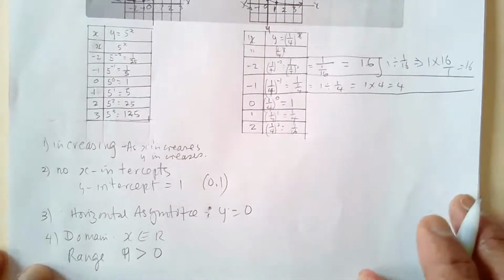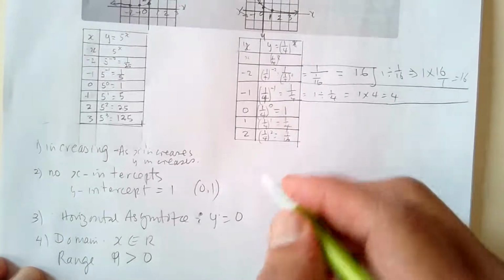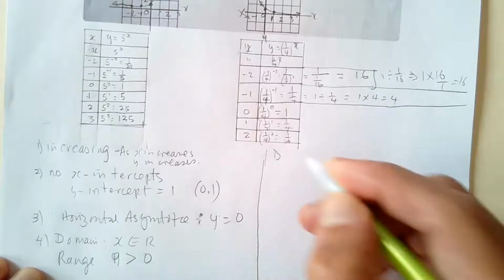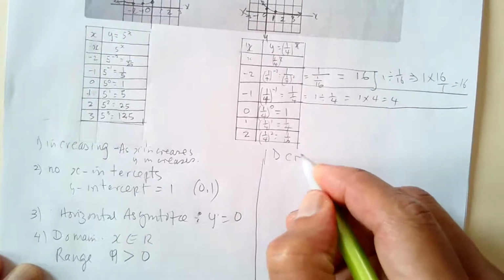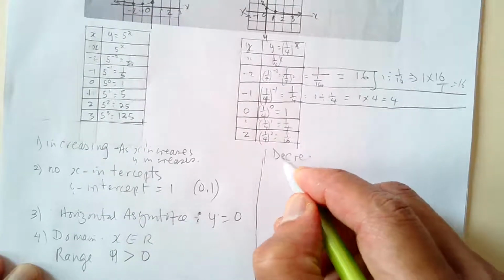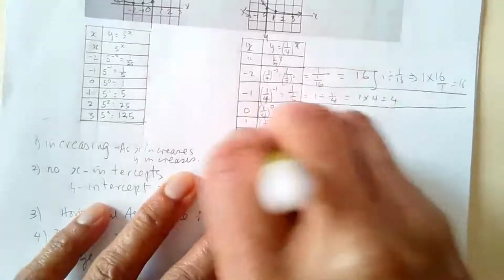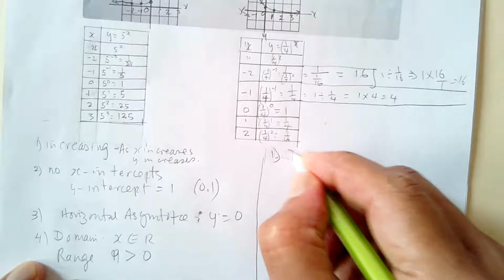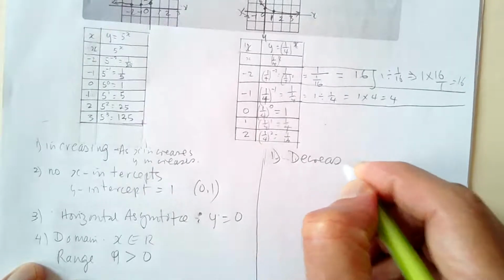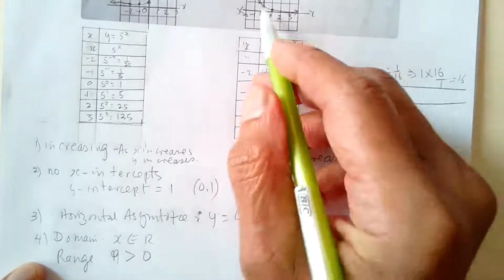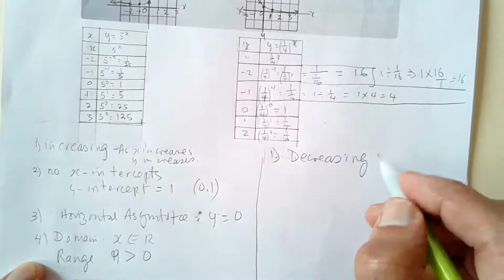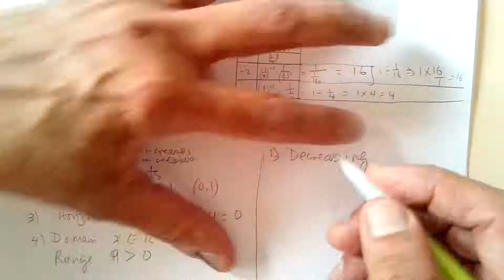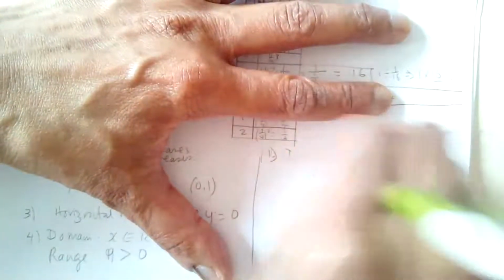Now, if we compare this to the y equals 1/4 to the power x graph, this graph is decreasing, because as x increases, y decreases.